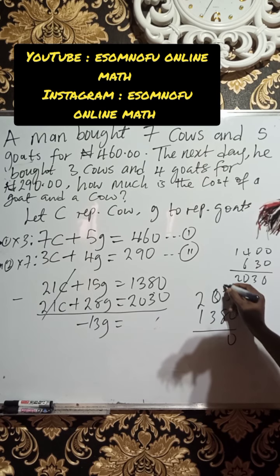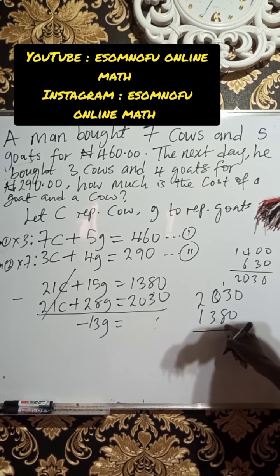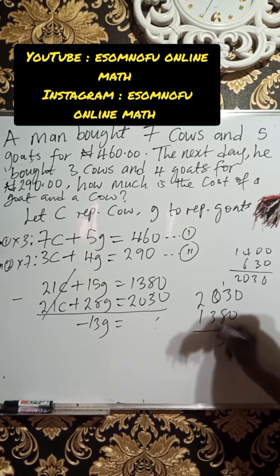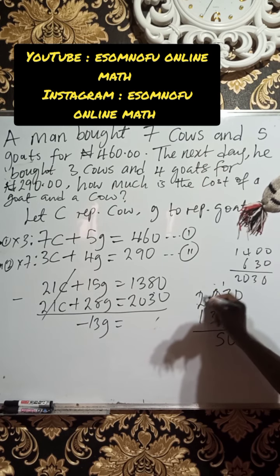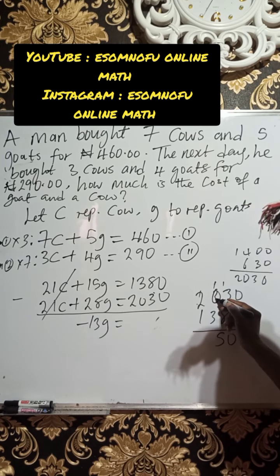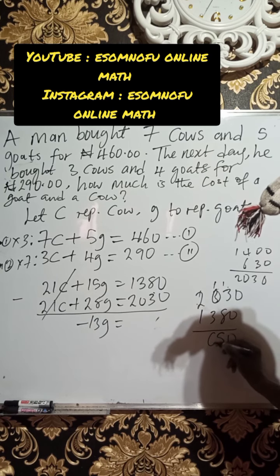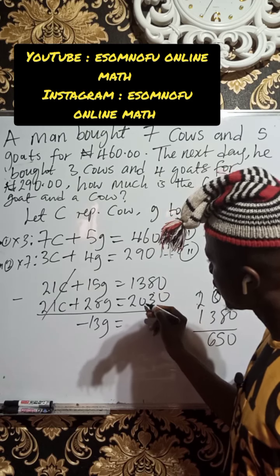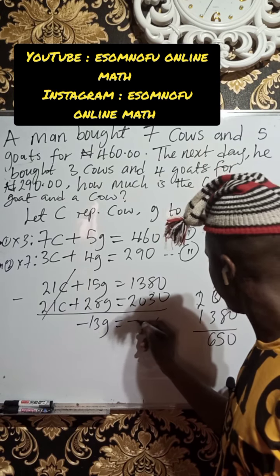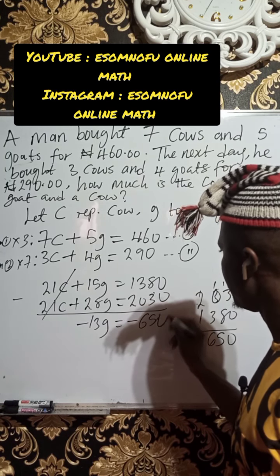This is 0. 13 minus 8 will give us 5. This is left with 9 because we borrowed 1 from here to put here 10, and from the 10 you borrow 1 to put here is 13. So 9 minus 3 will give us 6. But because the small one is subtracting the big one, it's going to be negative 650.